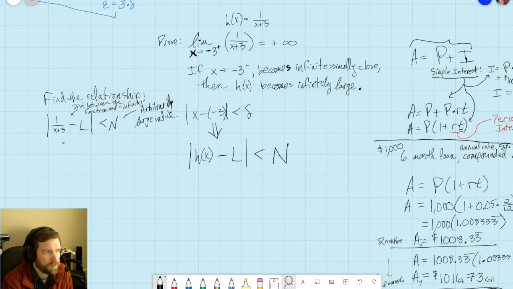So as we get closer, we're going to start getting closer and closer to infinity. I get the feeling I'm still doing it wrong, but meh.